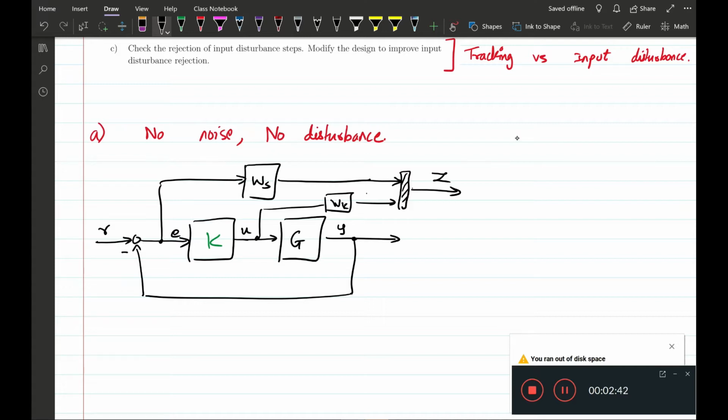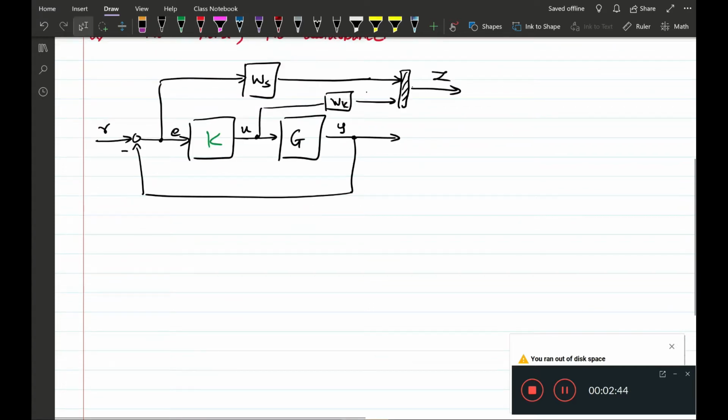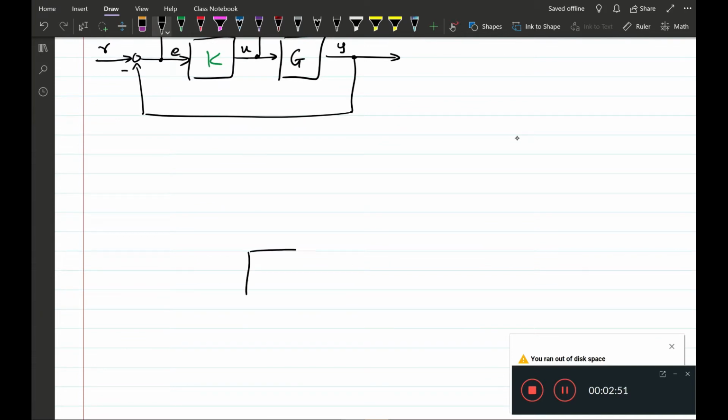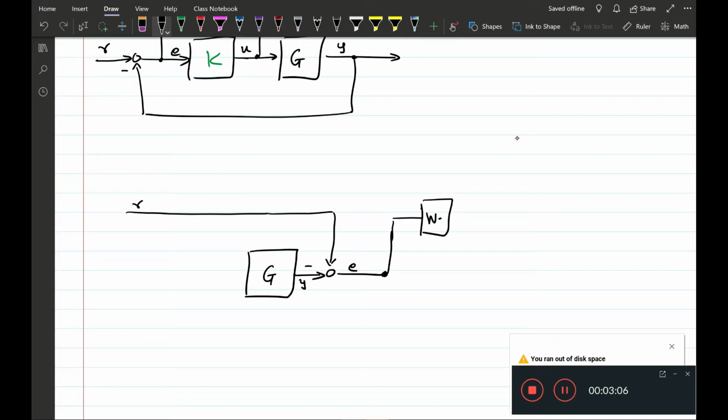Now this we can just write in the form of a generalized plant as follows. We have a G and R enters the loop. We have R minus Y would be E, E goes through WS and comes as Z1, or let me just keep it as it is for now.